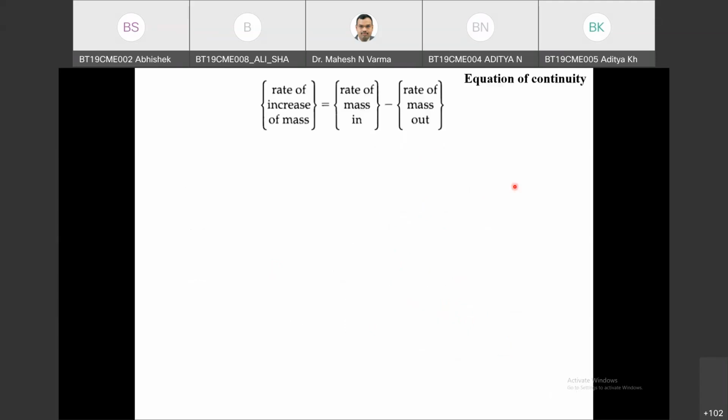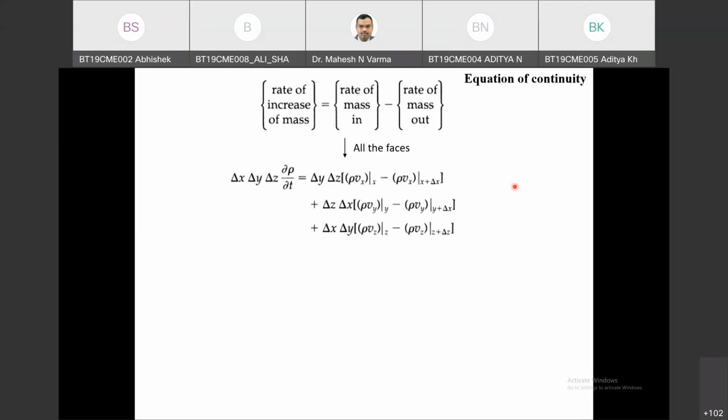So, the equation of continuity, substituting everything. This will be the mass coming in the x direction minus the mass going out in the x direction. Delta y, delta z is taken constant. Similarly, this is the mass coming in the y direction, mass going out in the y direction. Delta z and delta x is taken constant.